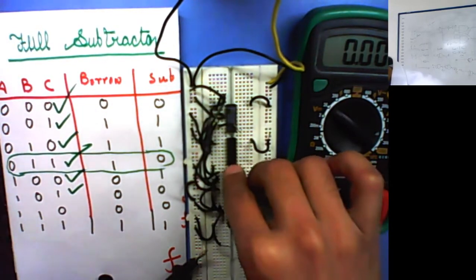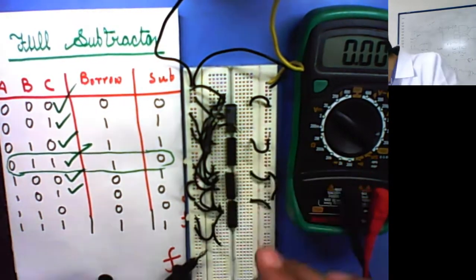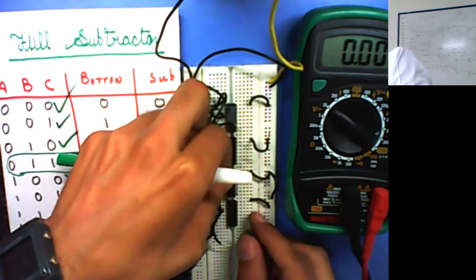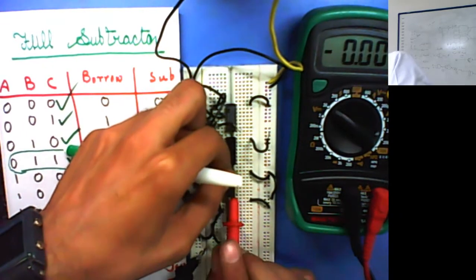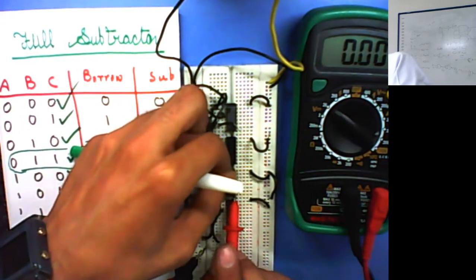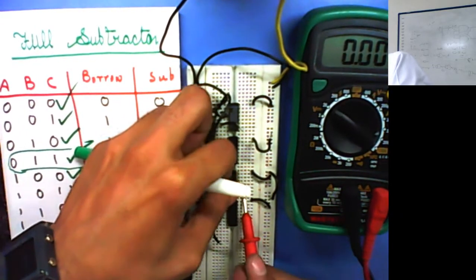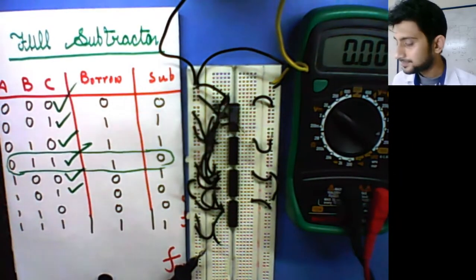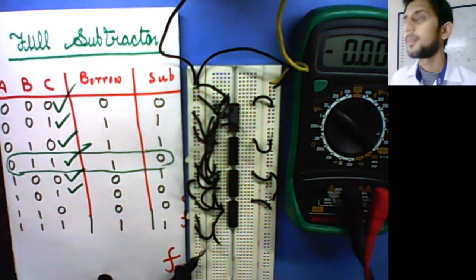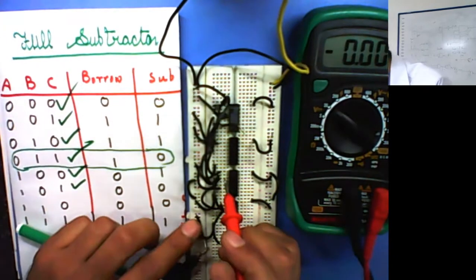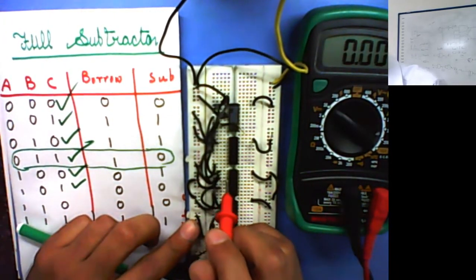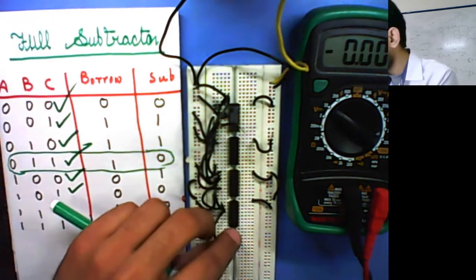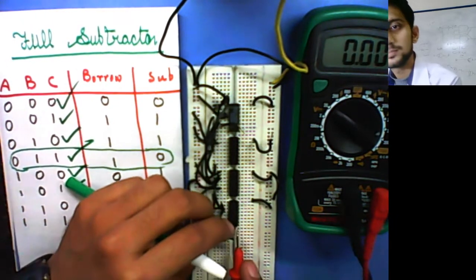Carefully I will drop and connect the IC with utmost care because this portion is extremely complex. Yes, I did it. Turn on. I've turned that on. Let me check for 0 and 0. For 0 and 5, my answer should be 0. Now it will be 0. Yeah, you see. I got it.